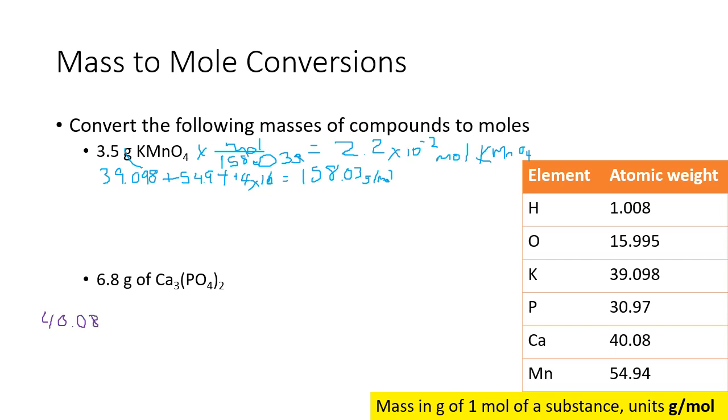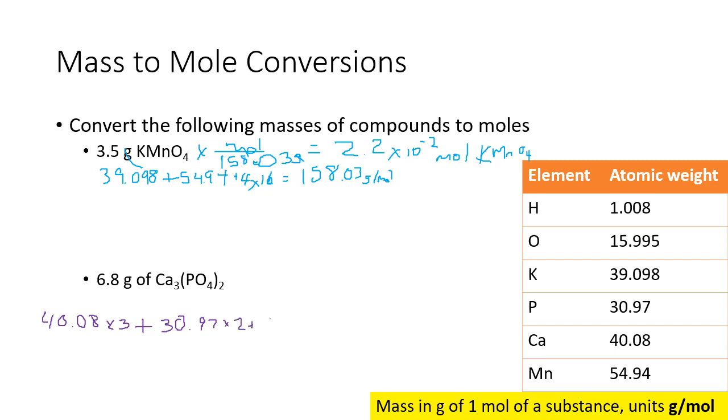40.08 times 3, because we've got 3 calciums. Now this gets a little bit tricky because our phosphorus here is in parentheses, as is our oxygen. So we want to distribute that 2 subscript into the parentheses to get the proper number of atoms. So that'll be 30.97 for our phosphorus, and there's 2 of them.